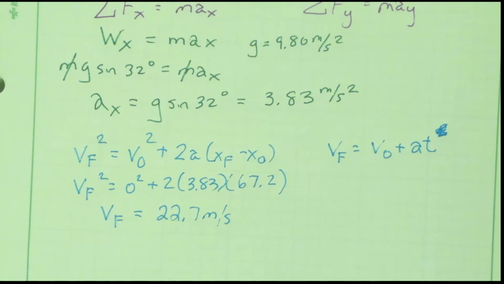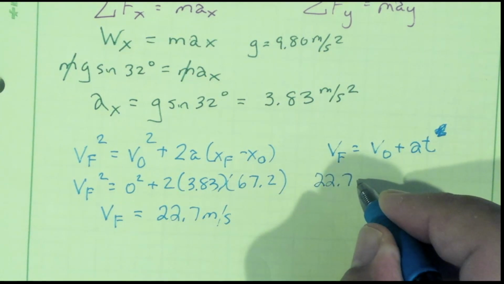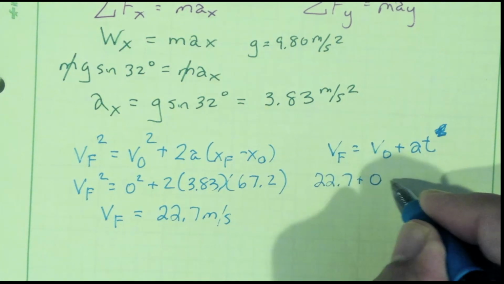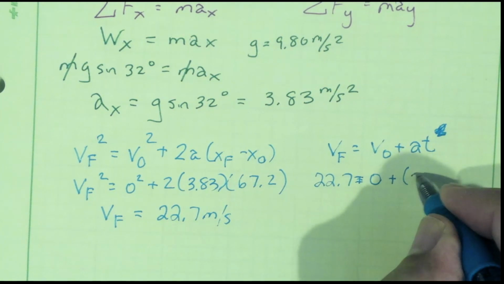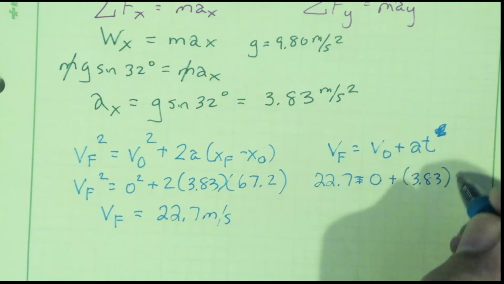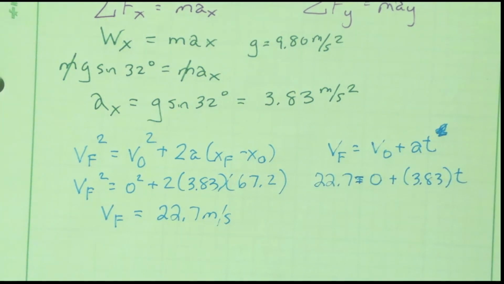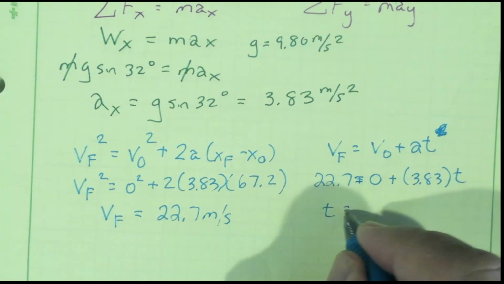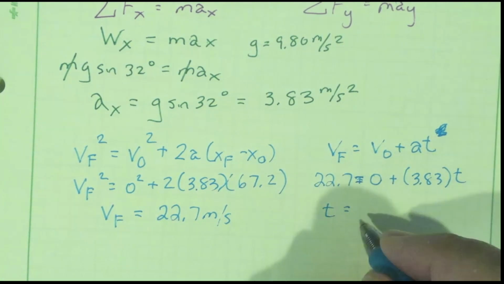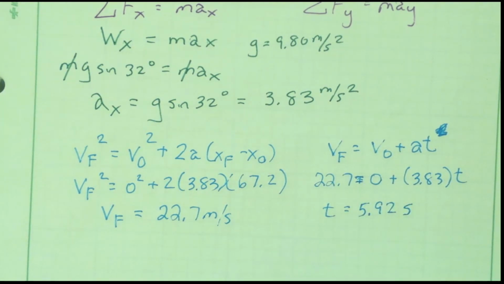The first kinematics equation with a final velocity of 22.7, an initial velocity of 0, an acceleration of 3.83, and the time unknown. And when we solve this equation for t, we get a time of 5.92 seconds, again to three significant figures.